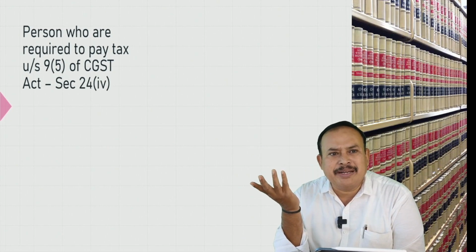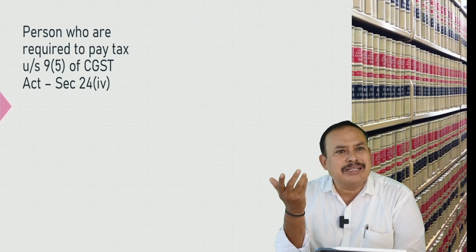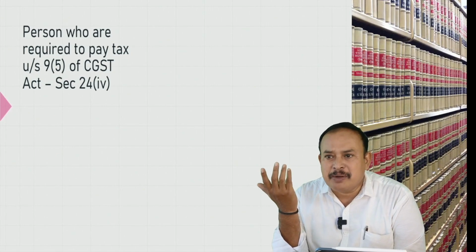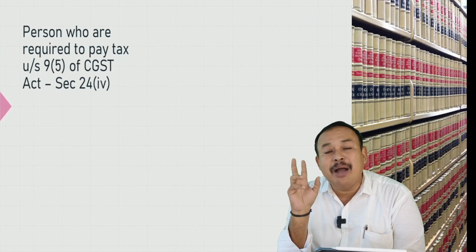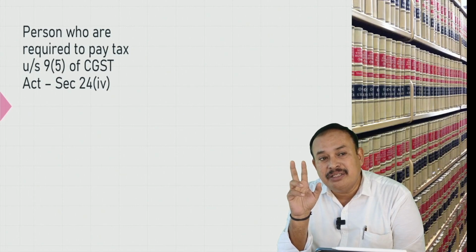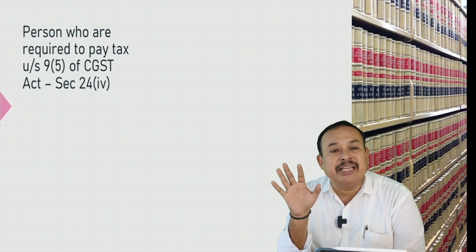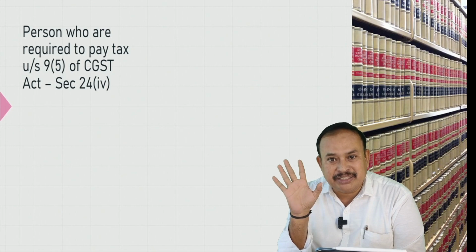Any e-commerce operator who is able to connect the customer and the restaurant through his electronic platform, who is liable to pay GST? The e-commerce operator only is liable to pay GST. Here Swiggy is liable for registration.